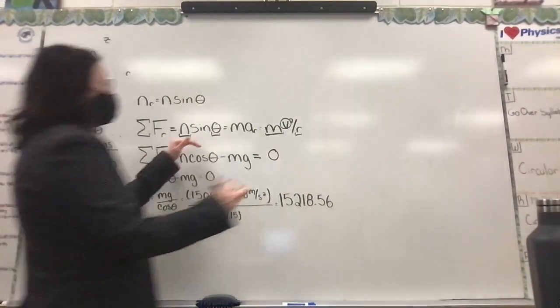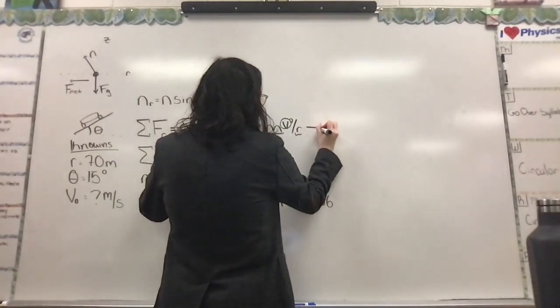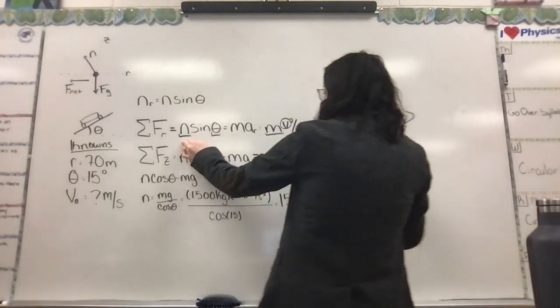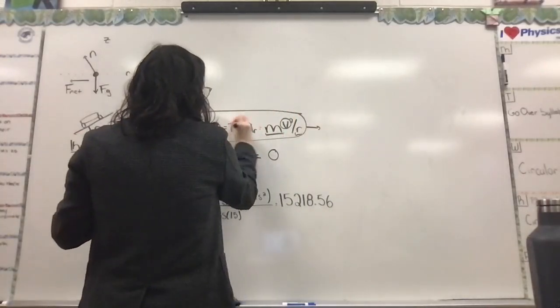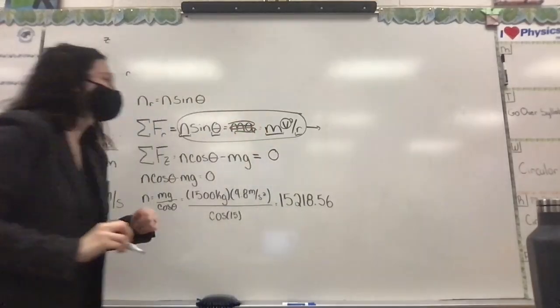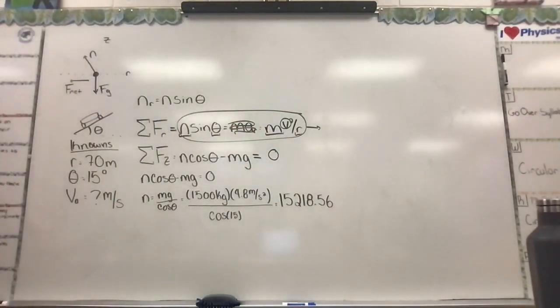Okay, so what we want to do is we're going to take this equation right here, and we need to rearrange it to solve for v. Okay? How are we going to solve for v?